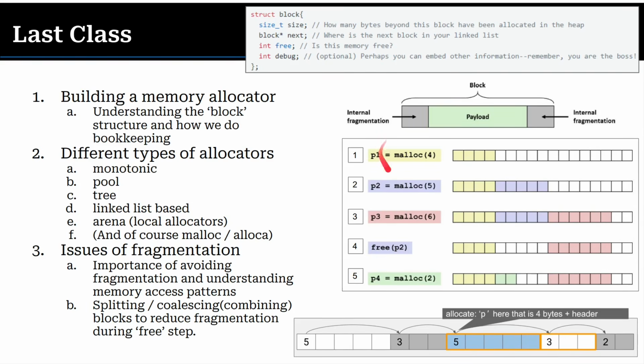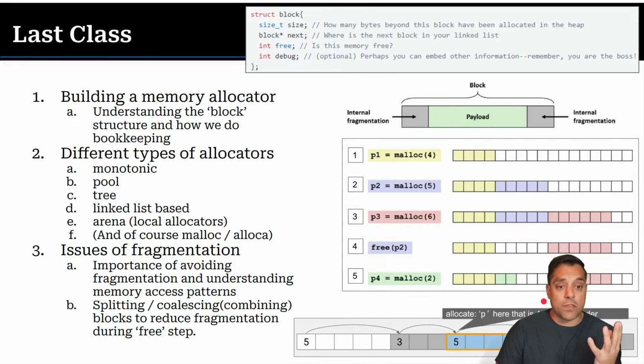You can see how the different memory access patterns, based on how we malloc and free and maybe our different strategies, meaning if we're using first fit, best fit, next fit, etc., could lead to fragmentation, where we have places in memory where we couldn't fit a block. That is, again, our bookkeeping structure of memory with the actual allocation. So that leaves gaps in our memory, and that's really bad for things like performance.